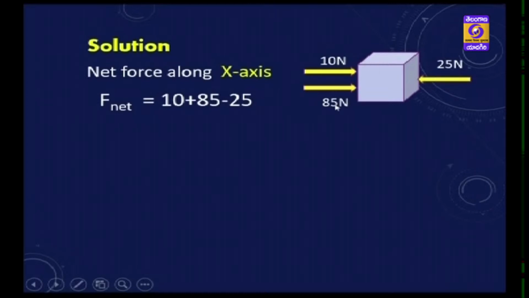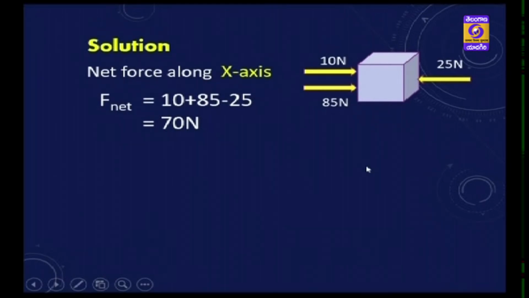The 10 newtons and 85 newtons are acting in the direction of the positive x-axis. So 10 plus 85, and the 25 newtons is acting along the negative x-axis, so minus 25. Now the total value is 10 plus 85 is 95, minus 25 is 70 newtons. So this is the net force acting along the x-axis on this object.